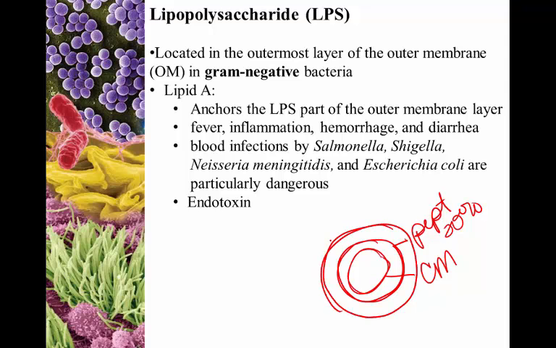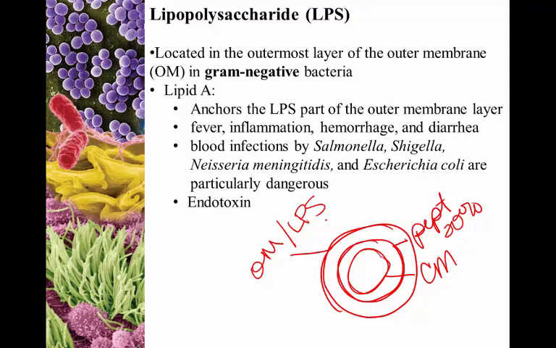And then we got that additional outer membrane for the lipopolysaccharide layer. This is where your lipid A can be found. Again, anchors the LPS part of the outer membrane layer. Excessive amounts of lipid A will induce fever, inflammation, possibly hemorrhage. Diarrhea is a very common side effect.